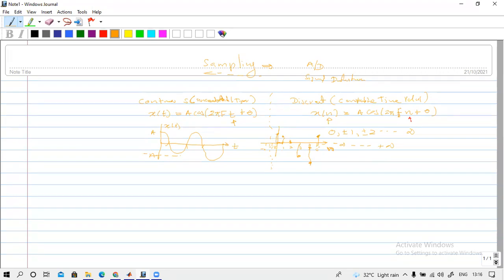You can see that in continuous time you have every value, but here you have only distinguishable values, 0, 1, 2, 3, 4. The values in between are not there. A value between 2 and 1 is not available, only 2 and 1 are available. That is the idea of a discrete value signal.